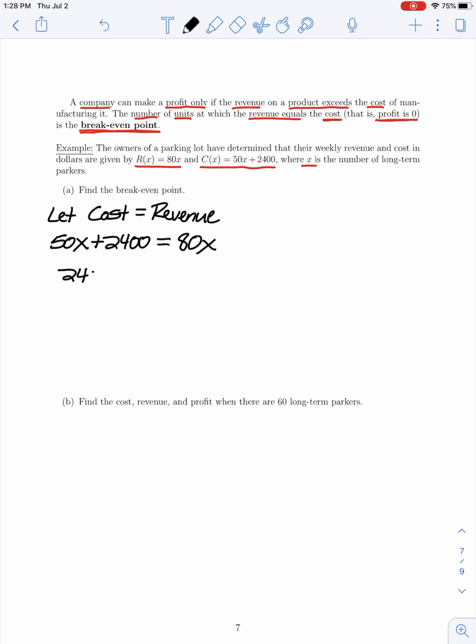If I subtract 50x from both sides, I have 2400 is equal to 30x. Dividing both sides by 30, I have 80 is equal to x. So in order to break even, the number of long-term parkers, x, would have to be 80, or greater if I want to make a profit.